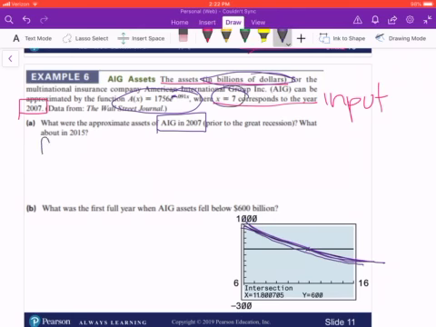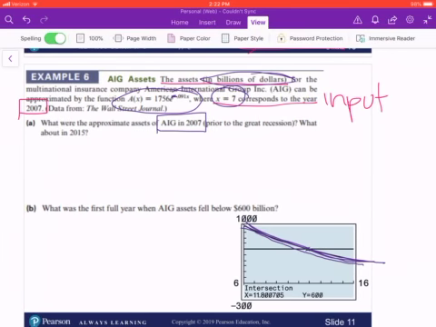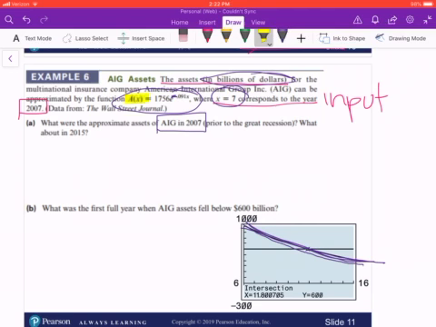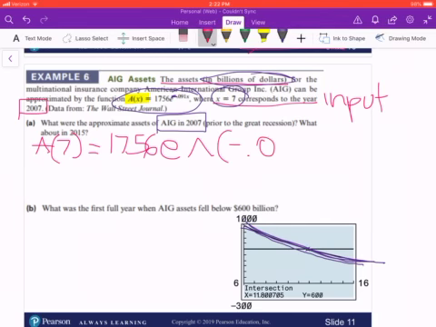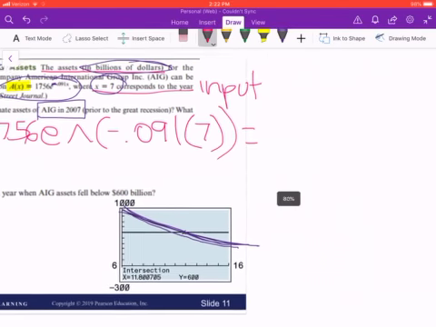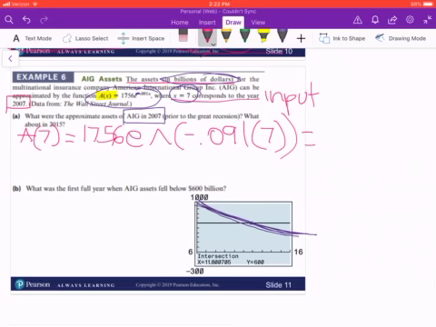So then it will be, and here I'm not going to use f because they're actually calling my function A. So I'm going to say A of 7 will be 1756 e to the power negative 0.091, and then instead of x, I'm going to substitute that with a 7, and then we will enter that on the calculator.